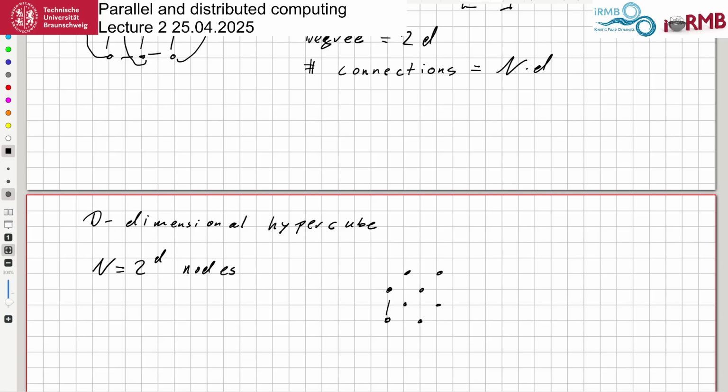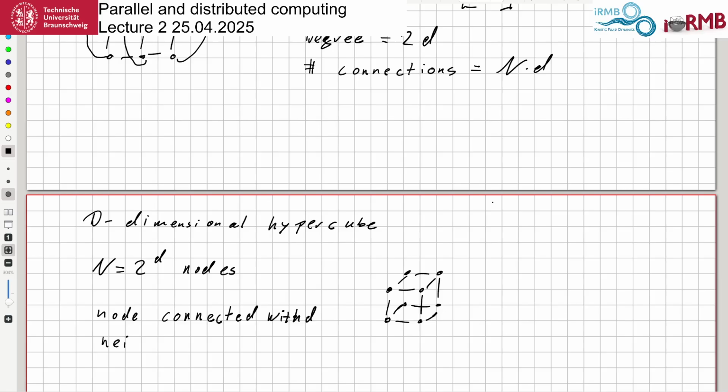So this would look like this. And here the advantage of this hypercube is that each node is connected with d neighbors.